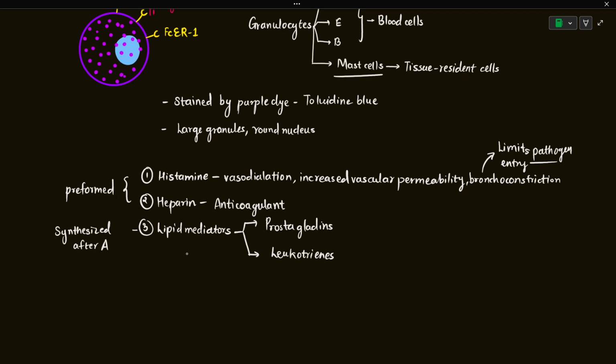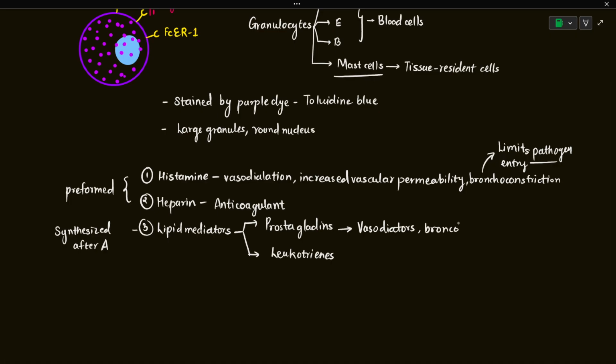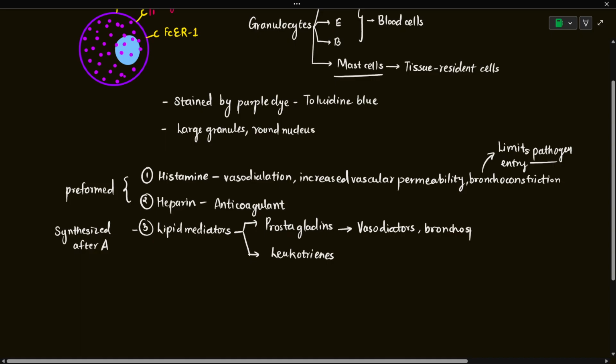Then the lipid mediators, the prostaglandins, are also vasodilators, so they increase the vascular permeability, and they also result in bronchospasm.